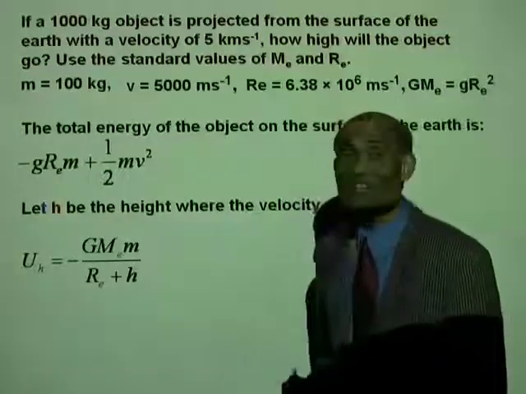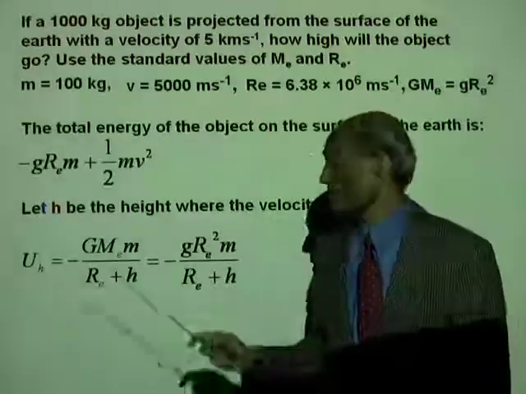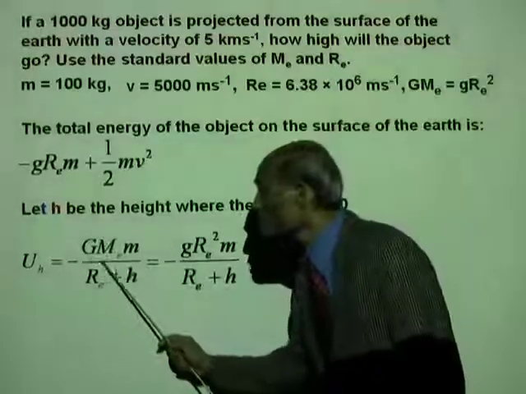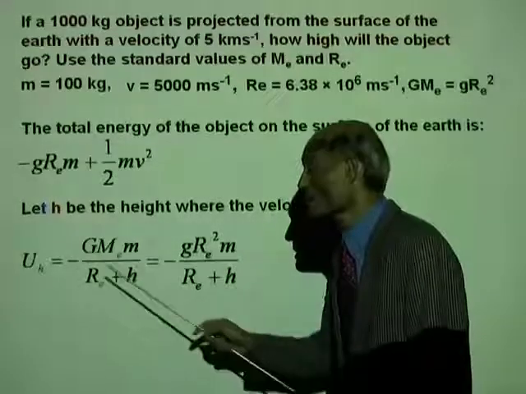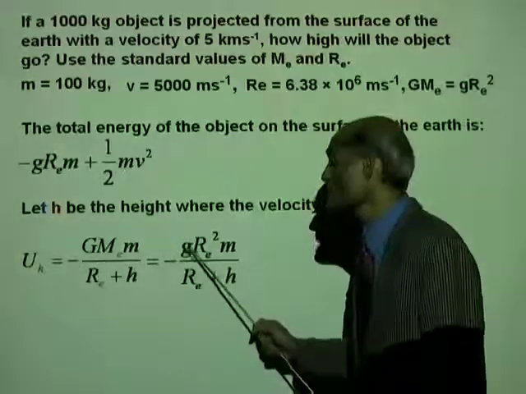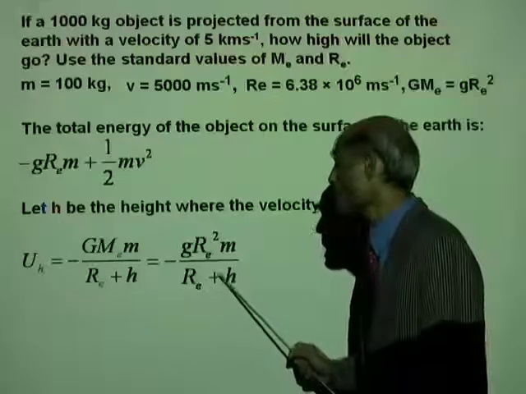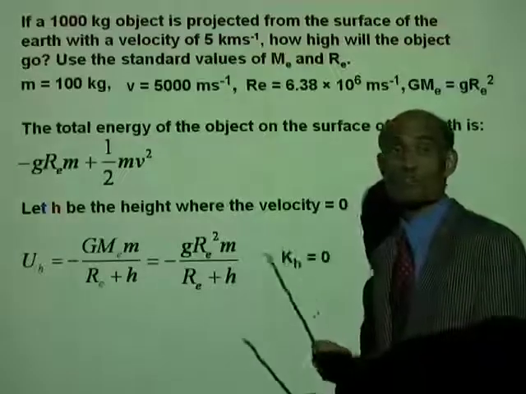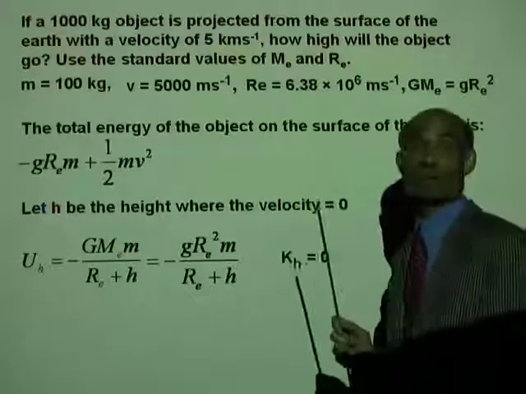And the kinetic energy will be 0. Replacing GME by small g RE squared, the potential energy at a height h is negative g RE squared m over RE plus h, and the kinetic energy at that height is 0.